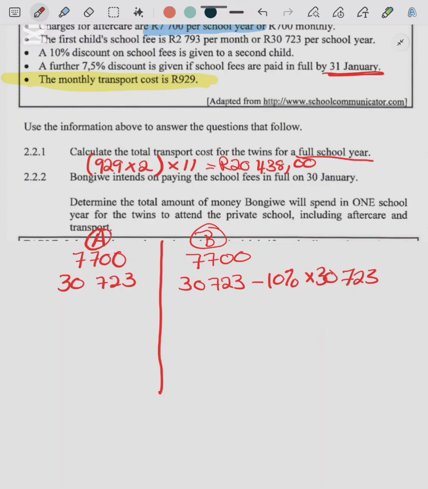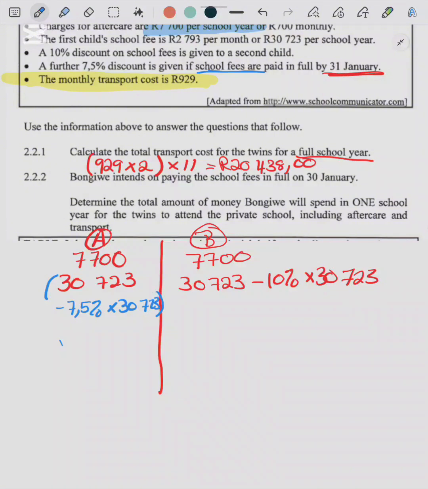All right, so let's give that discount as well. And the discount is coming on to the school fee amount because it's a discount on school fees. There's no mention of that discount being applied also to the aftercare or to the monthly transport. So child A is going to get a 7.5% discount. So I'm going to say this 30,723 minus 7.5% of 30,723.